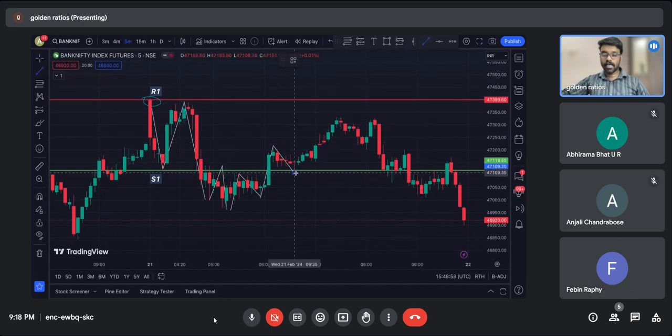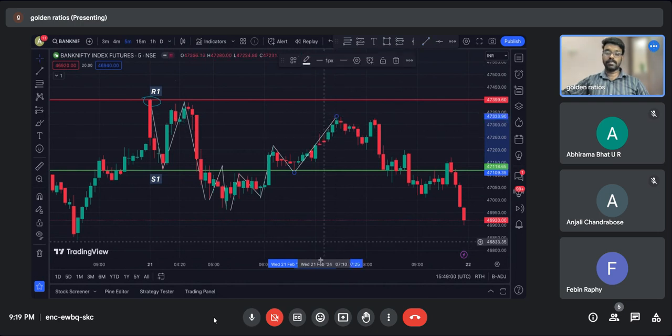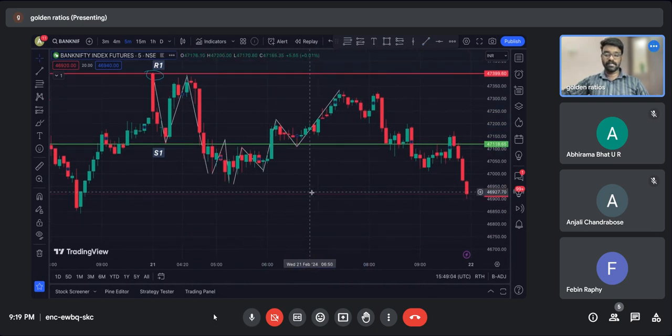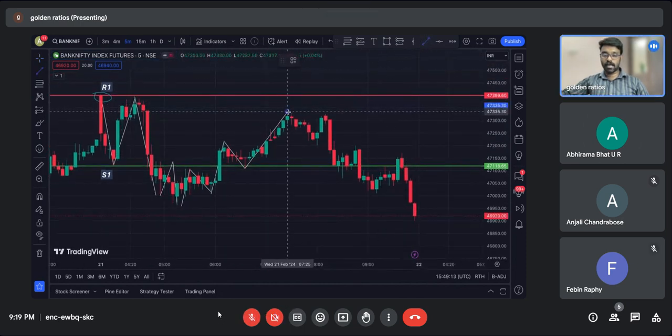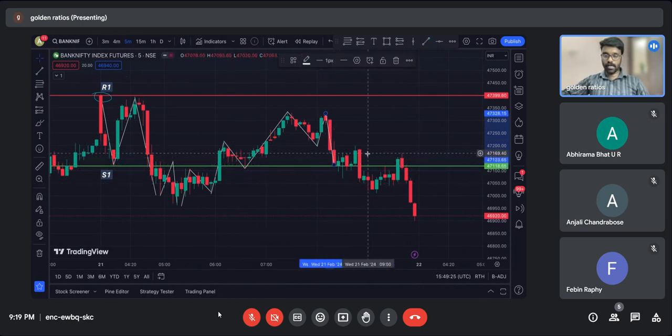The buyers helped the market to push it up. Any confusion? No. Okay. So again, we can see the market has come till here and tried to move up, and again it has come down. Everyone knows what a body is, right?